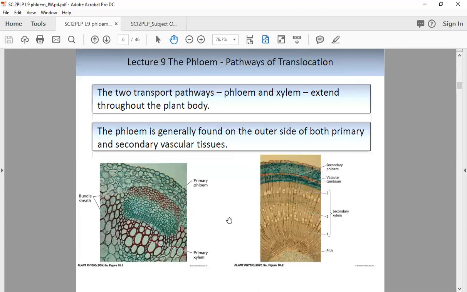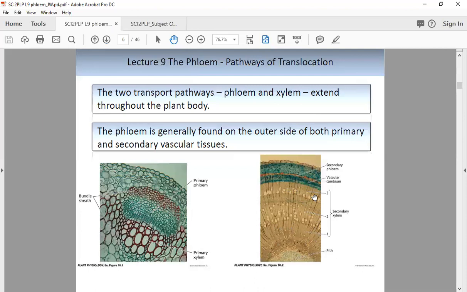Then the photo on the right shows a 3-year-old stem, also a transverse section here, and this is a stem of an ash. And you can clearly see that there's secondary growth occurring, obvious by 1, 2, 3 growth rings.